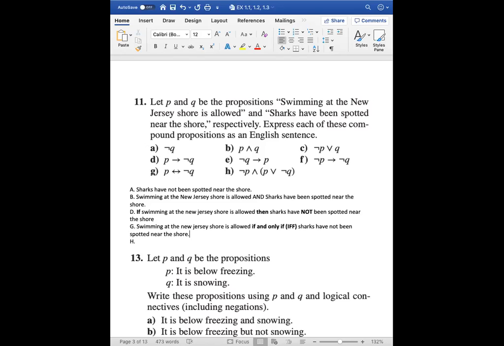Moving on to part number H. This is a little bit trickier and a little bit longer as well.